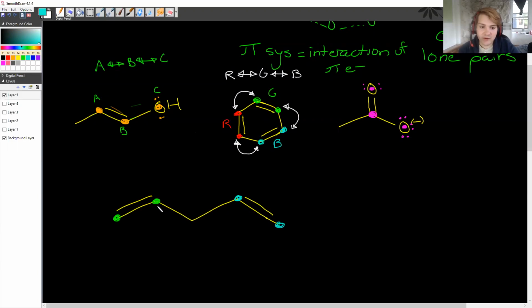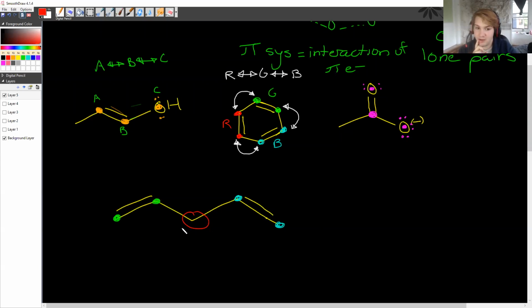And what we notice is that we have a bridge. We have a break in the continuum. So can green interact with blue? No. Green cannot interact with blue because we have something in the way that is blocking green's pi system from interacting with blue's pi system.